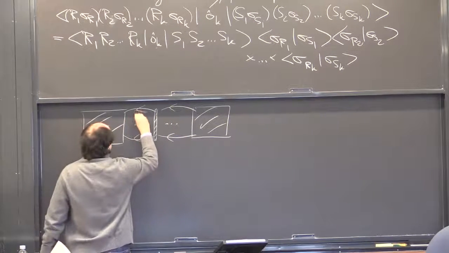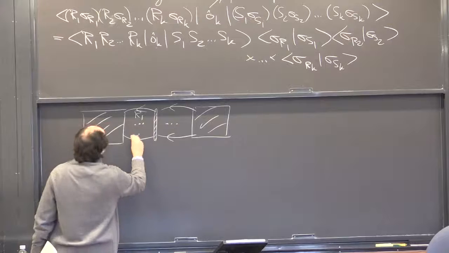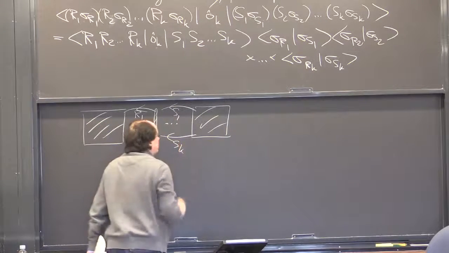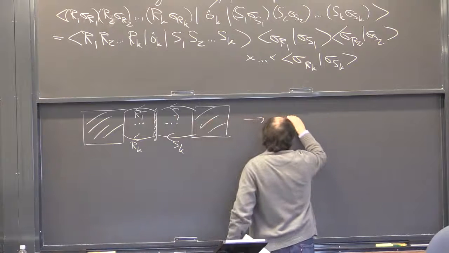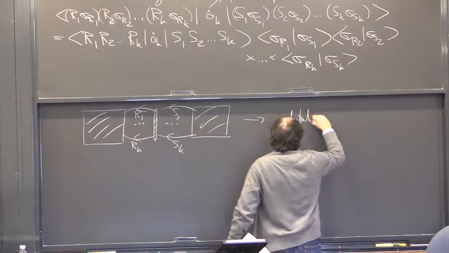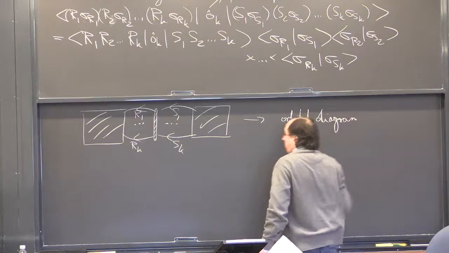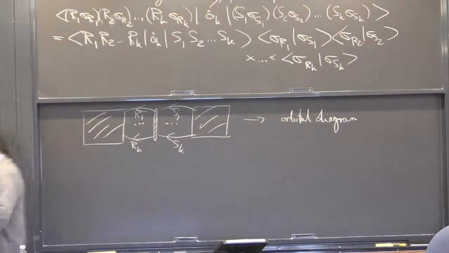All I need to do is to take the corresponding orbital indices: R1, Rk, S1, Sk. That's the orbital diagram. It's the original diagram stripped of the spins.